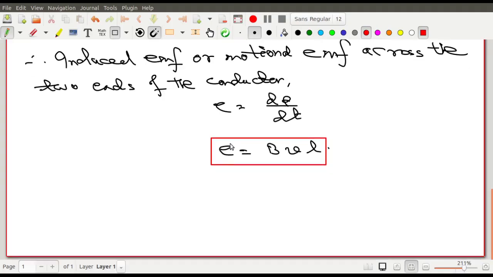From here, let us go across a problem. Okay, let me type the problem over here.